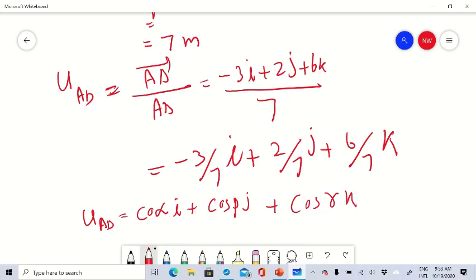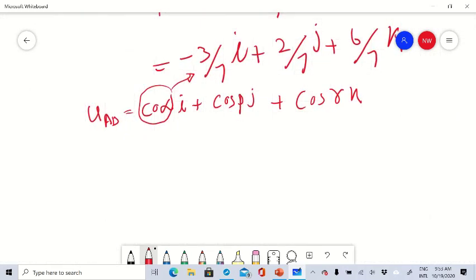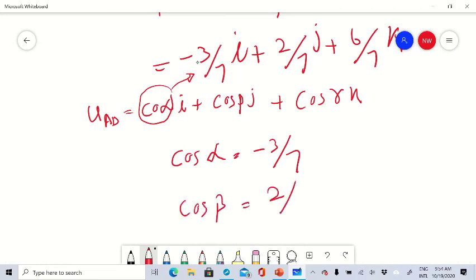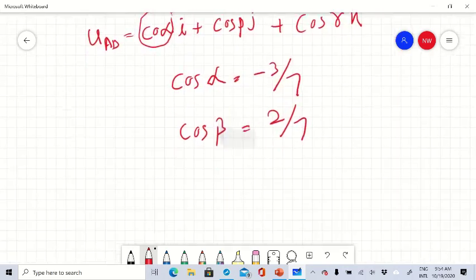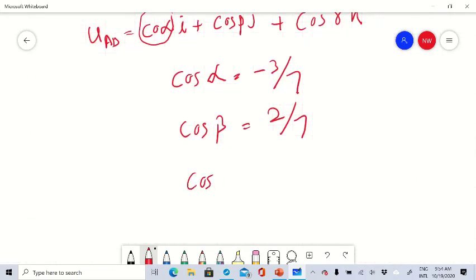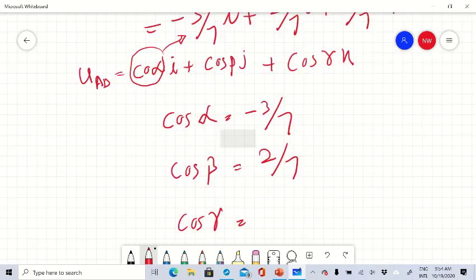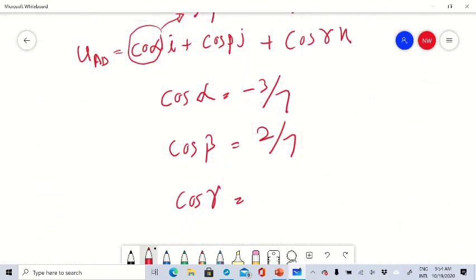So then cos alpha is equal to minus 3 over 7 and cos beta is equal to 2 over 7 and cos gamma is equal to 6 over 7, right?